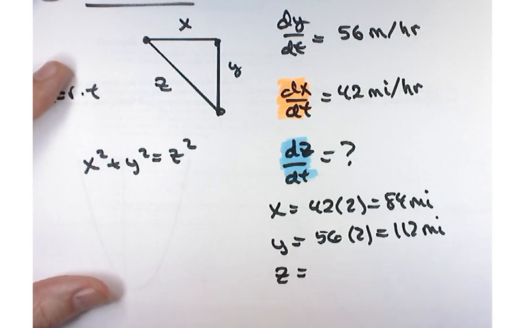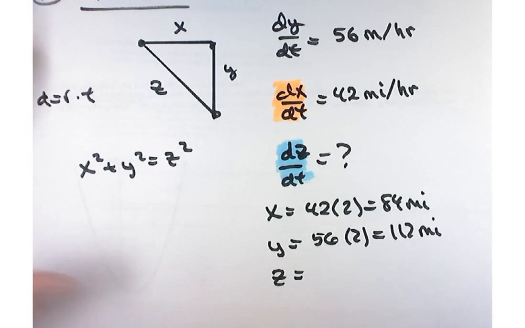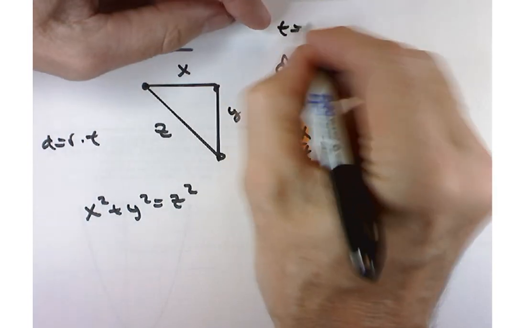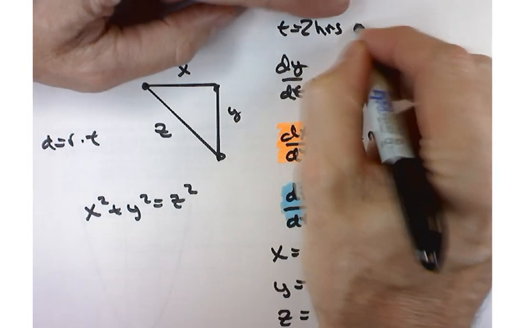I still need to know what Z is, though. So now you put a second there. Where'd you get the 2 from? Oh, it's traveling for 2 hours, right? Yeah. T equals 2 hours of travel.